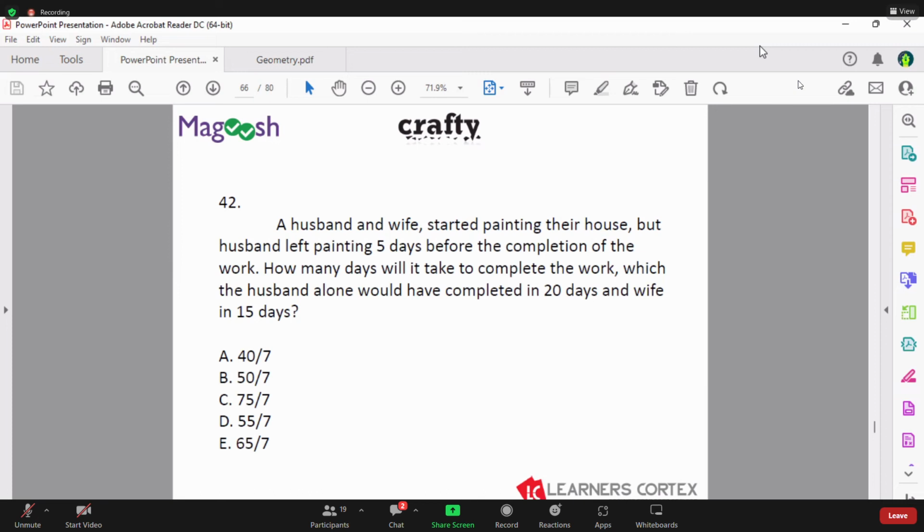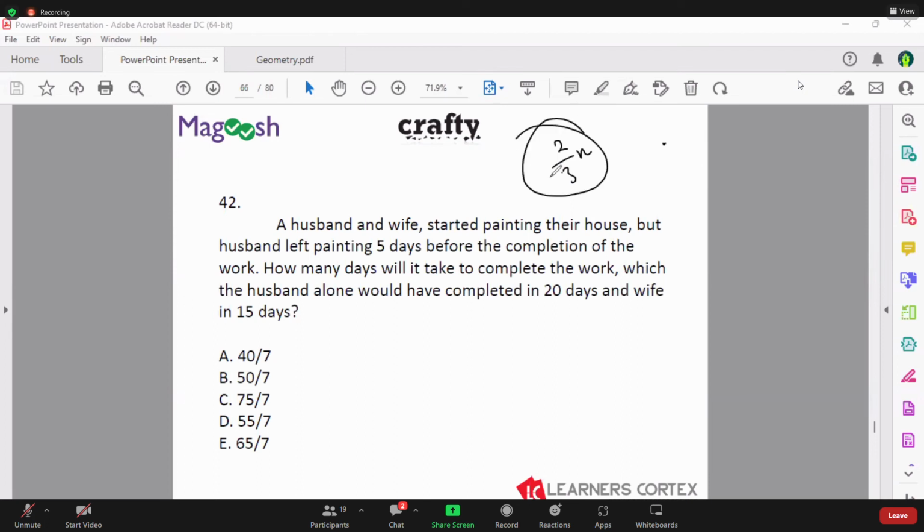So 1/15 into 5 equals 1/3 work was done in the last 5 days. Total work was X, if we consider it as X or 1, and the work left is 2/3 X. That was done when the husband was there.